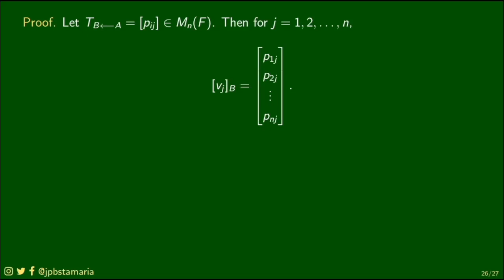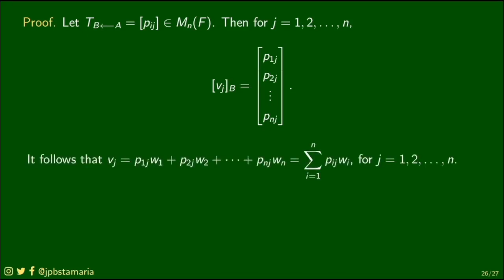This means that if you multiply this to W1, this to W2, this to Wn, and you add them, you get V sub j. So this equation simply meant that. Let's write it in a more compact form.